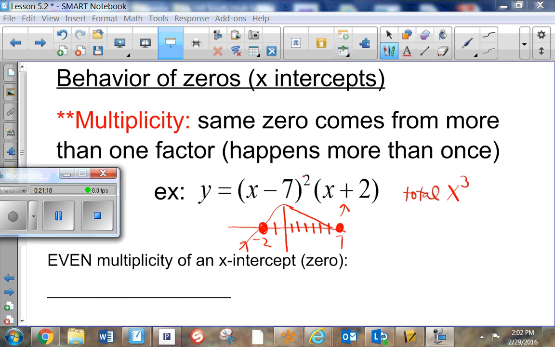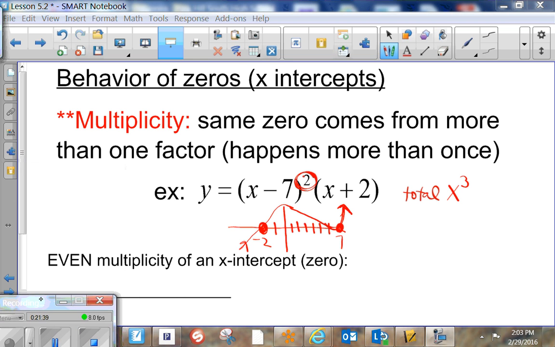Well, sort of, yeah. You bounce. I have to bounce at 7. We call it a bounce. And as a matter of fact, anytime you have an even degree, an even exponent outside a factor, it's going to bounce. So let's put on this note here.